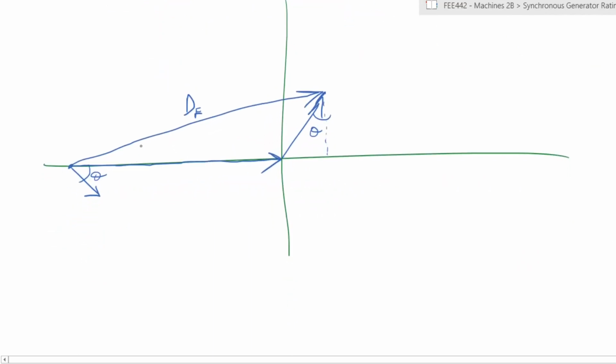Okay. So now here, in this case, we have Q, which is 3 VT IA sine theta. And you have 3 VT IA cos theta. Right?